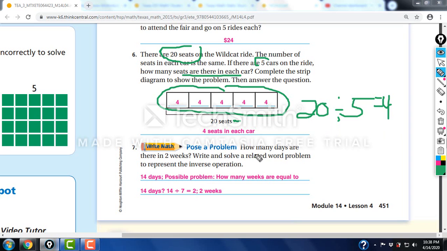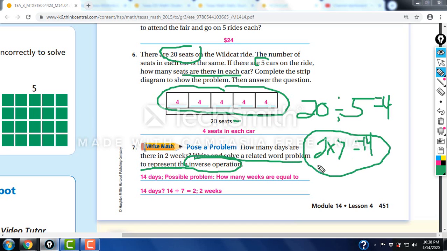Okay. So how many days are there in 2 weeks? So 2 weeks. There's 7 days in a week. There's 14. So write and solve a related word problem to represent the inverse operation. Okay, what did I do here? What operation? Multiplication.